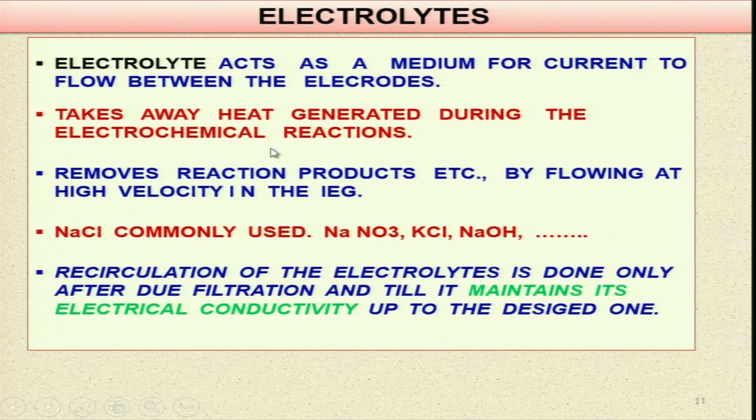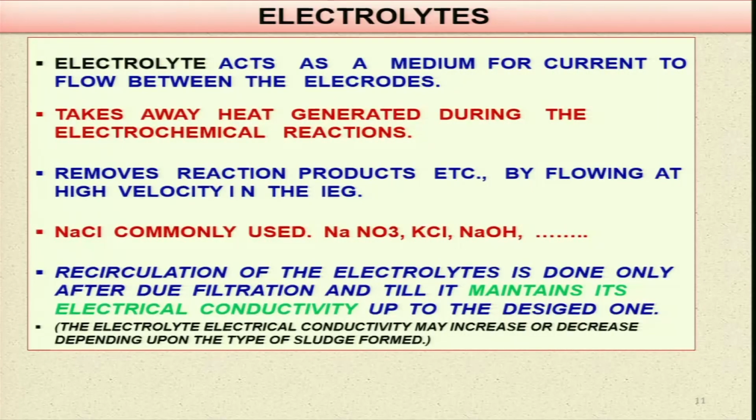And if you do not remove the sludge, that is the reaction products, from the inter-electrode gap, they are going to change the electrolyte electrical conductivity, which will affect the shape and size of the machined component. The electrolyte electrical conductivity may increase or decrease depending upon the type of sludge formed in the inter-electrode gap, and this is a very important point. I will discuss it later on.